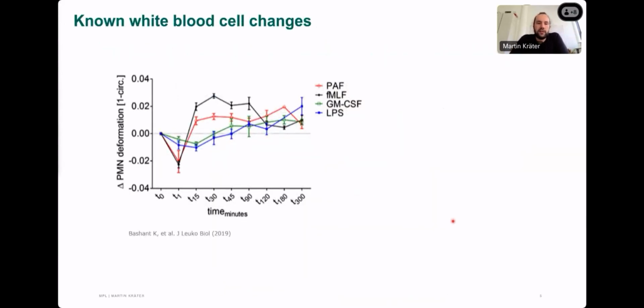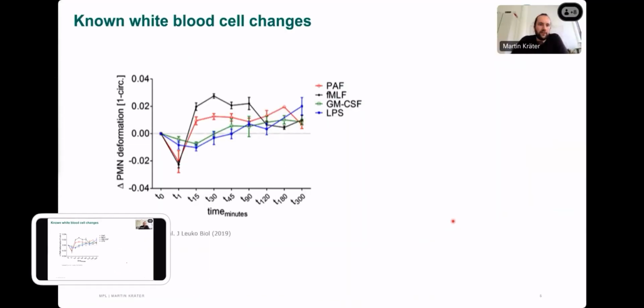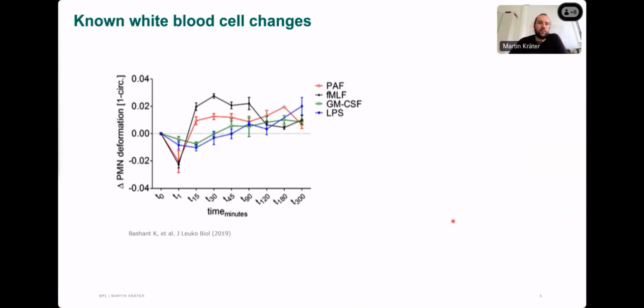That this holds true in a diseased state was already published here in an in vitro experiment where we treated blood with different stimuli. So, for example, LPS, a surface protein of, for example, bacteria. And what we plotted here is again the deformation of the neutrophils over a course of 300 minutes.